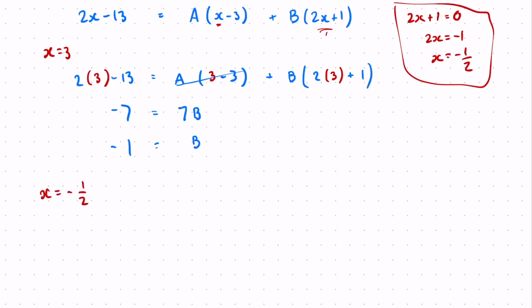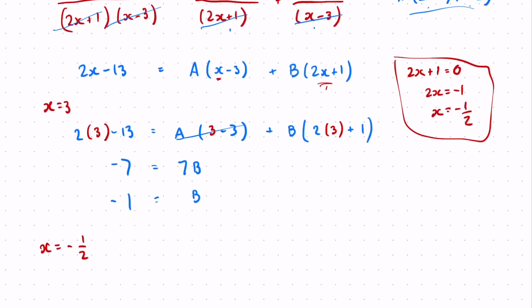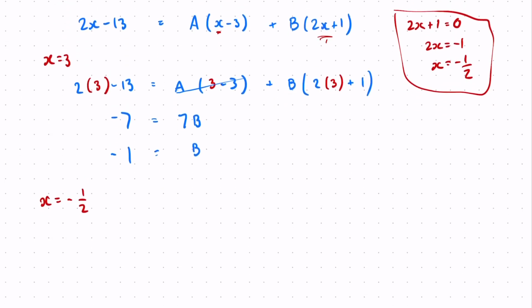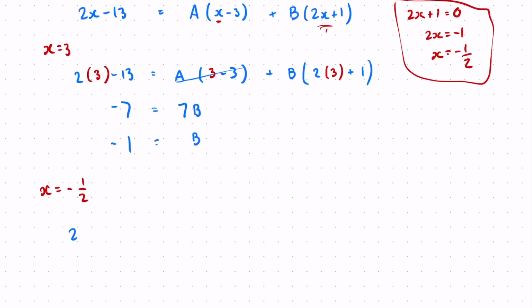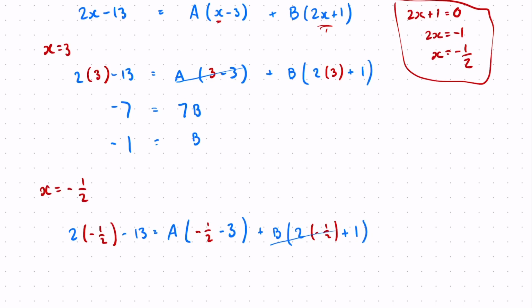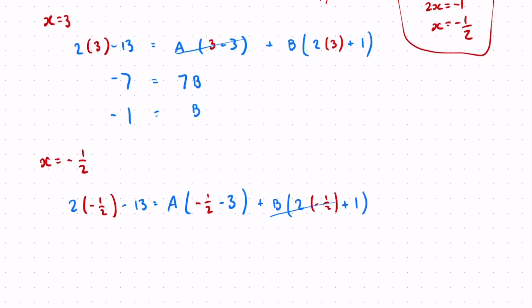And let's substitute that into our 2x minus 13 equals a(x minus 3) plus b(2x plus 1), giving me 2 lots of minus a half minus 13 is equal to a (minus a half minus 3) plus b (2 lots of minus a half plus 1), which again this will cancel out to become 0, that's the whole point. 2 times minus a half minus 13 becomes minus 14.